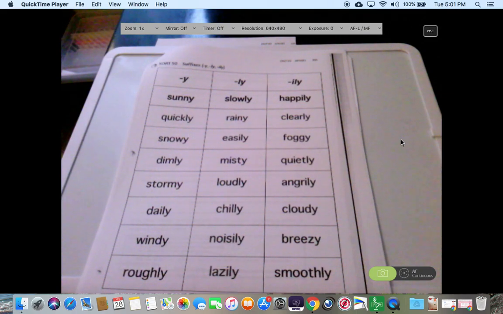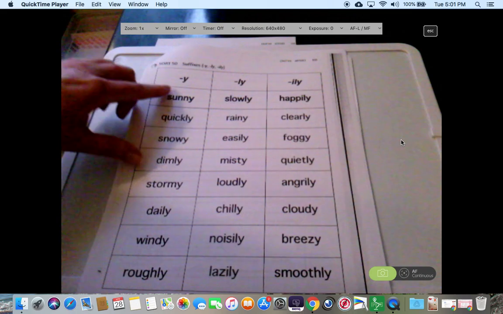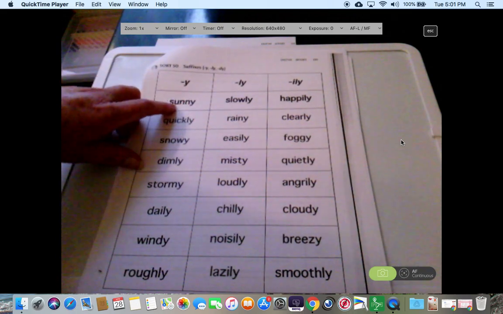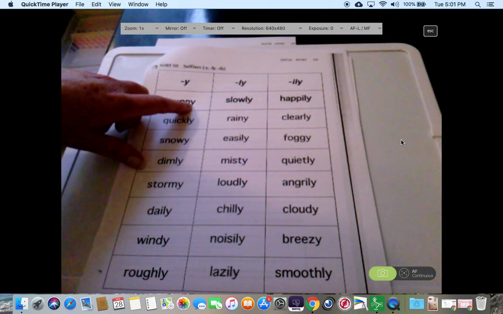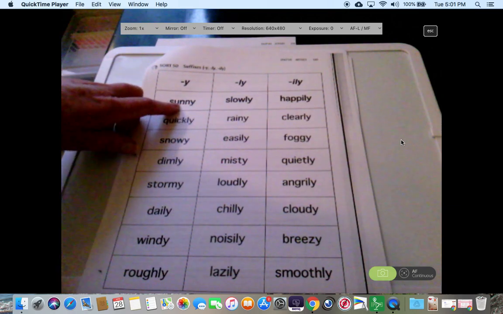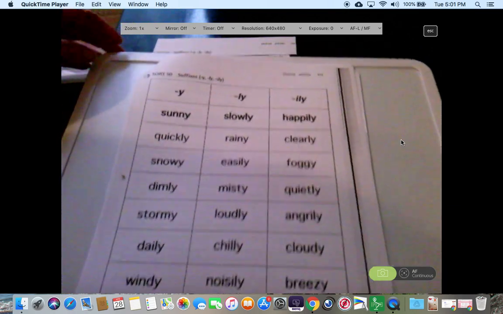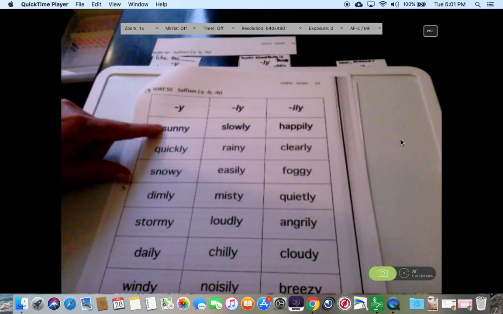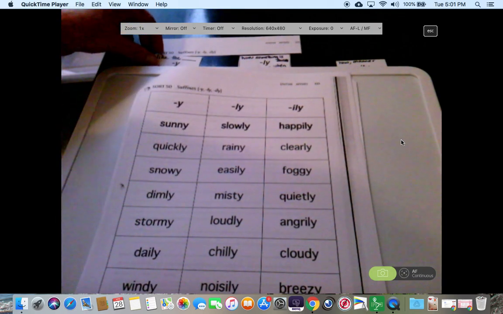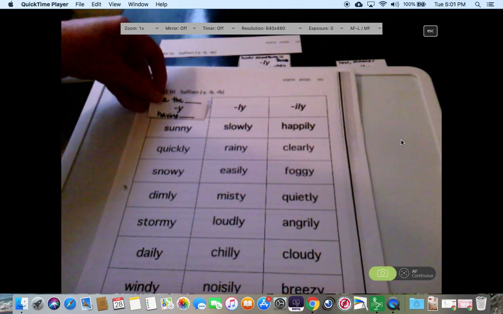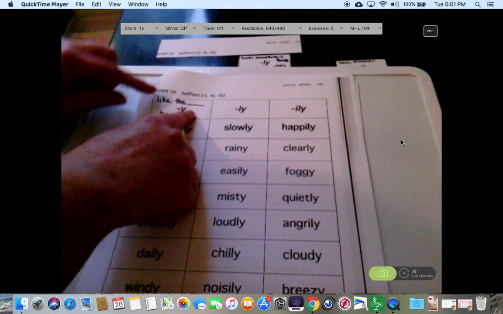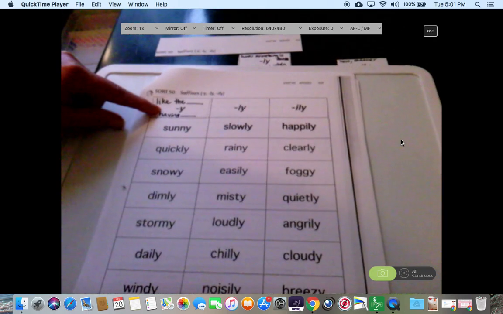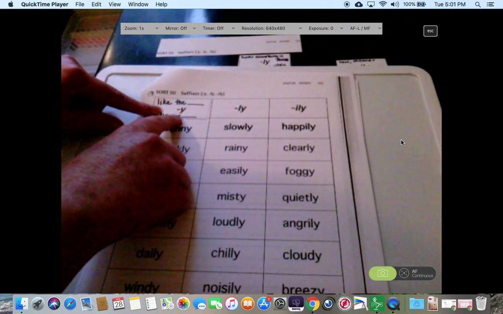So for example, in the word sunny with the Y, adding that Y means that it is like the sun or having sun, okay? And you can jot that down on your Y card before you go ahead and sort. Like the blank, or having.